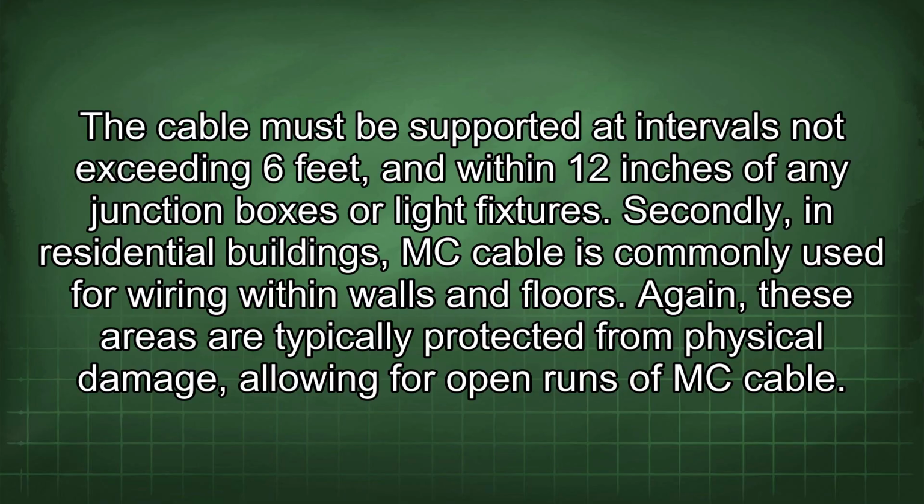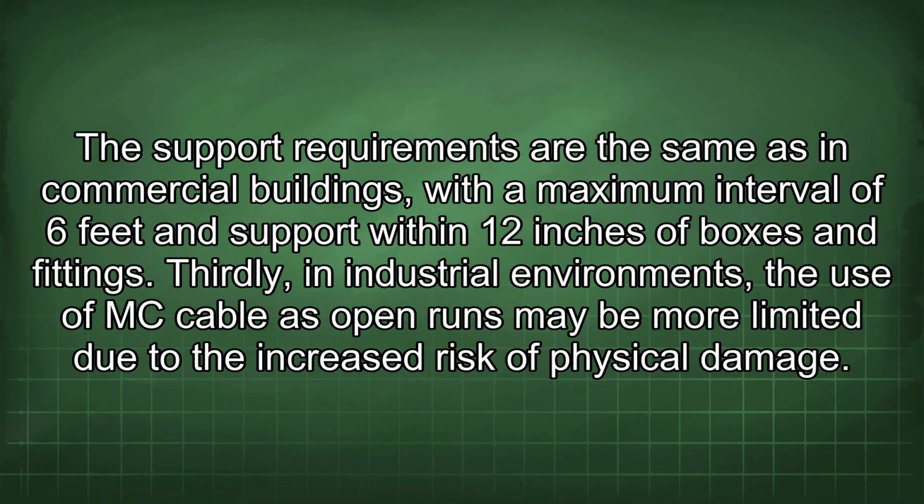Secondly, in residential buildings, MC cable is commonly used for wiring within walls and floors. Again, these areas are typically protected from physical damage, allowing for open runs of MC cable. The support requirements are the same as in commercial buildings, with a maximum interval of 6 feet and support within 12 inches of boxes and fittings.